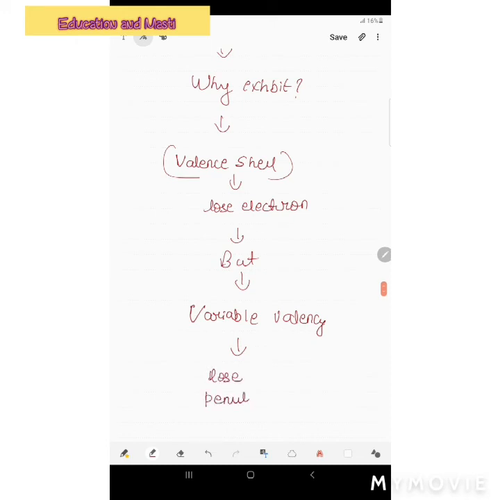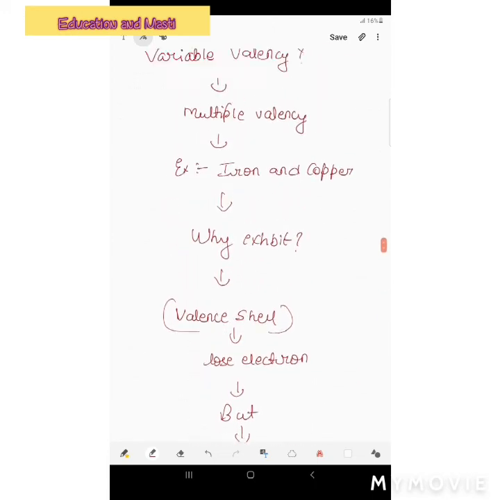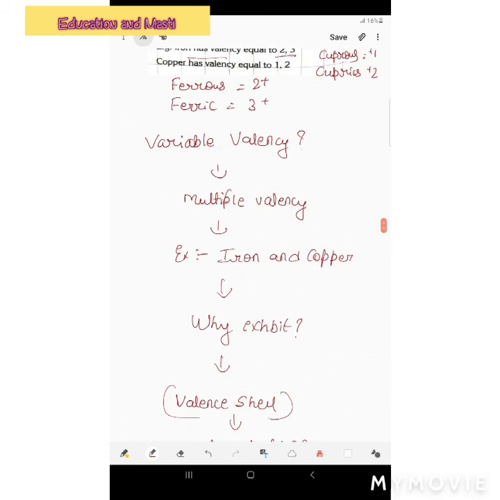So therefore they exhibit variable valency, because sometimes they lose electrons from the penultimate shell, the second last shell, which is called the penultimate shell. That is the reason why they exhibit variable valency, because sometimes it is from the penultimate shell and sometimes from the valence shell.